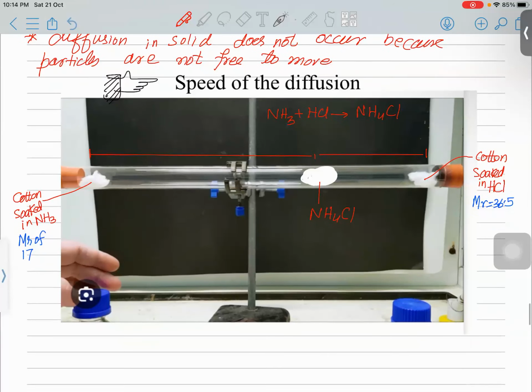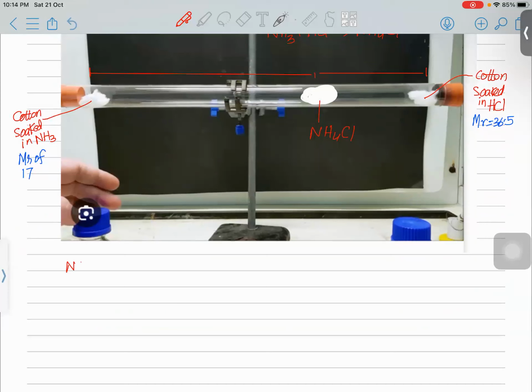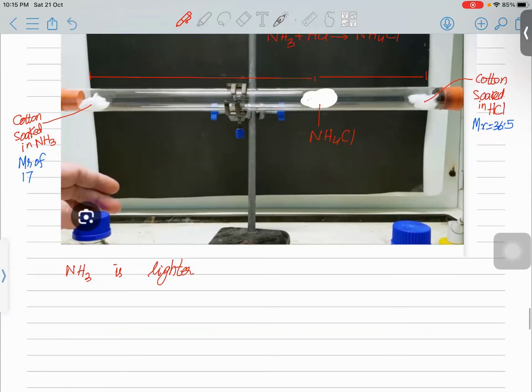So ammonia is lighter. Ammonia is lighter than HCl, so it covers distance quickly.